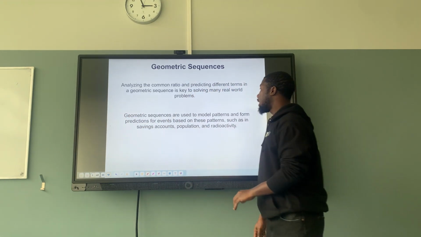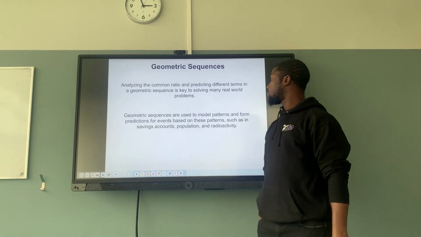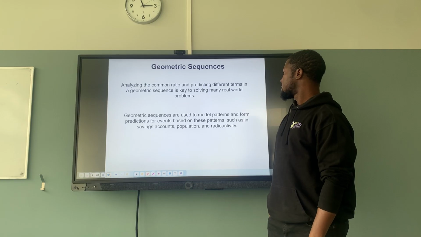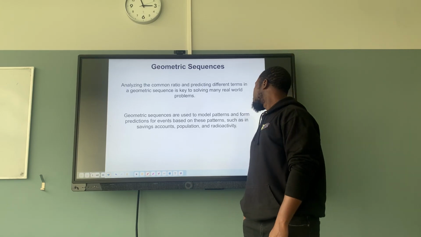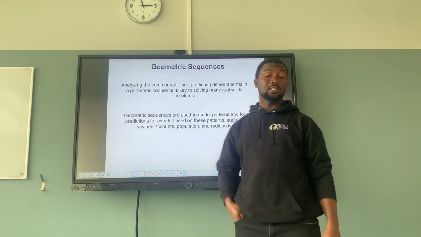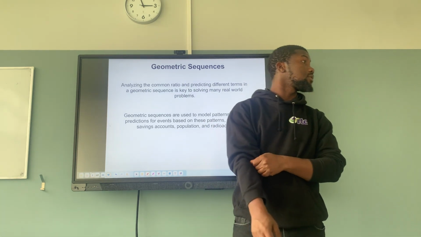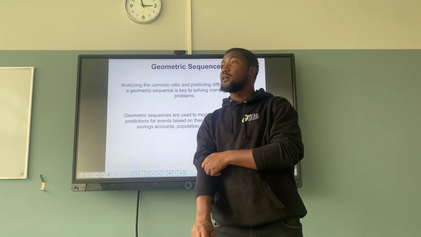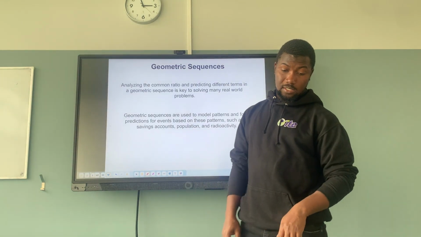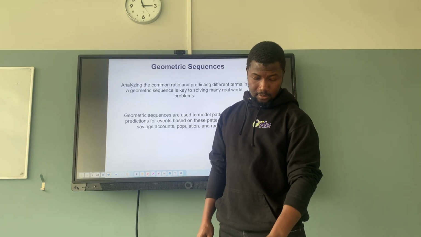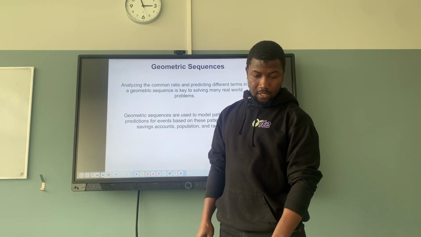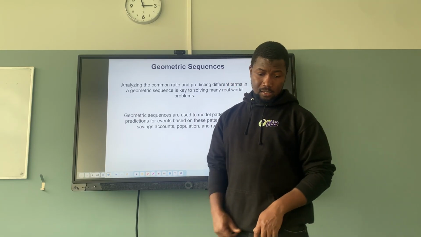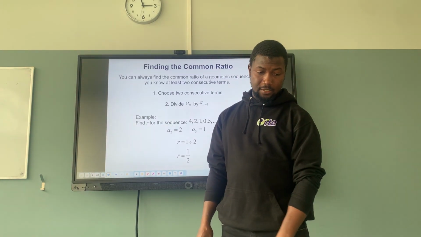Geometric sequences are used to model patterns and form predictions for events based on these patterns, such as savings accounts, populations, and radioactivity. There are lots of real-life situations in which you can apply geometric sequences. So let's now look at some examples of finding the common ratio in a geometric sequence.